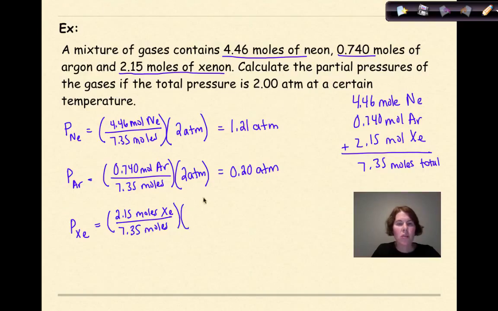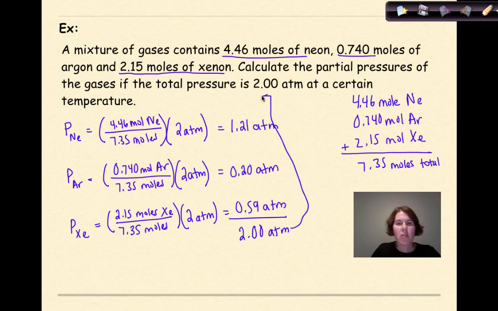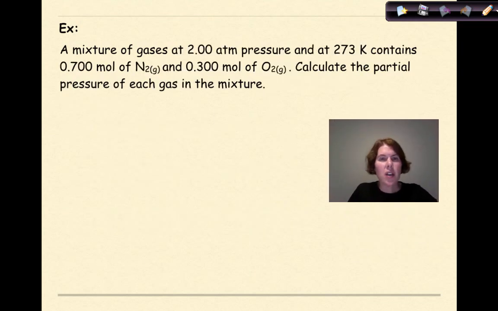Again, total pressure is 2 atmospheres. And if I work this all out, I get 0.59 atmospheres. And in a perfect world, if I add these up together, they will add up to, hey, look at that, 2 atmospheres, because that is my total pressure. That is what my total pressure should add up to, and that's basically my check to make sure that I've done it right. Let's look at another example.